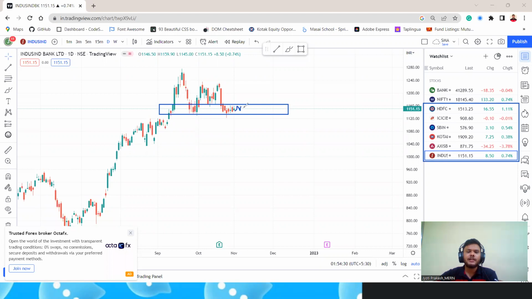If tomorrow the market opens gap up, or if it opens flat and closes above 1160 or 1163, then we're going to take it for buying, and you can set a target to some large extent, which is 1183 to 1190. Another thing can happen: if it opens flat or gap down, and if it closes below 1140, then we're going to take it for selling. Our first target will be 1120, and we can set our next target to the round level 1100.